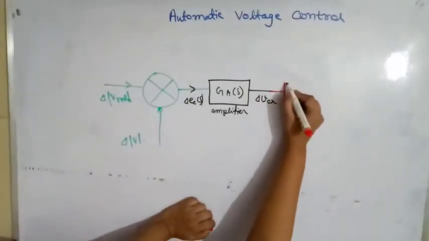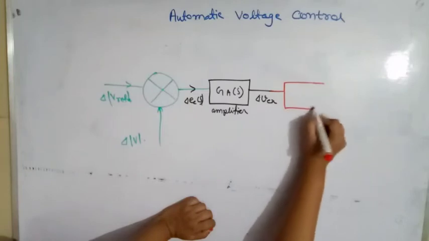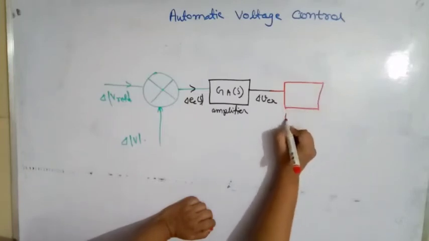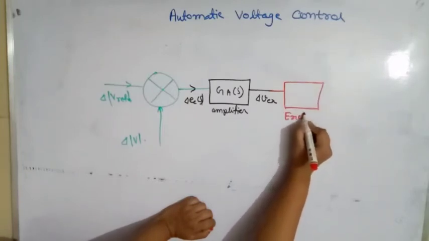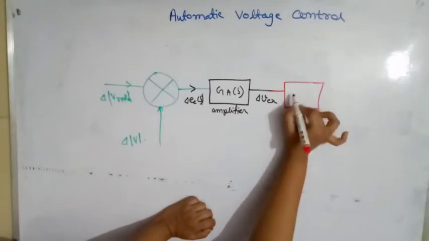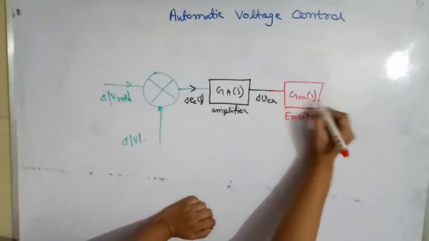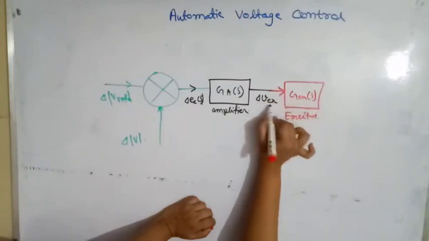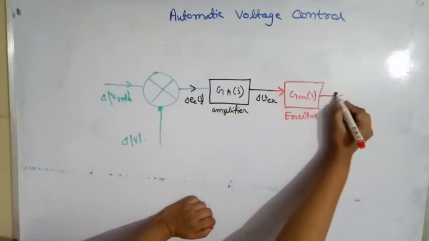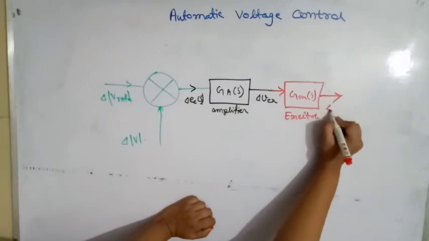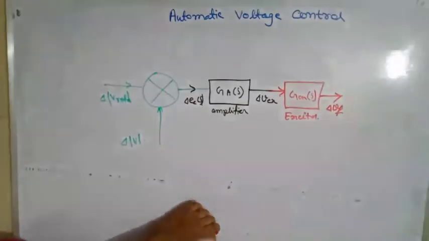Next is our exciter, and the transfer function is GEX, whose input is delta VEX and output is delta VF.